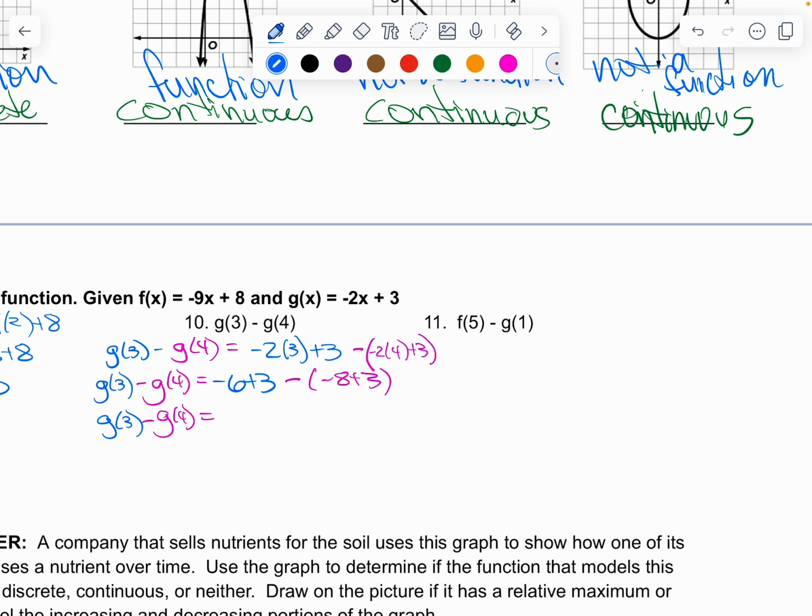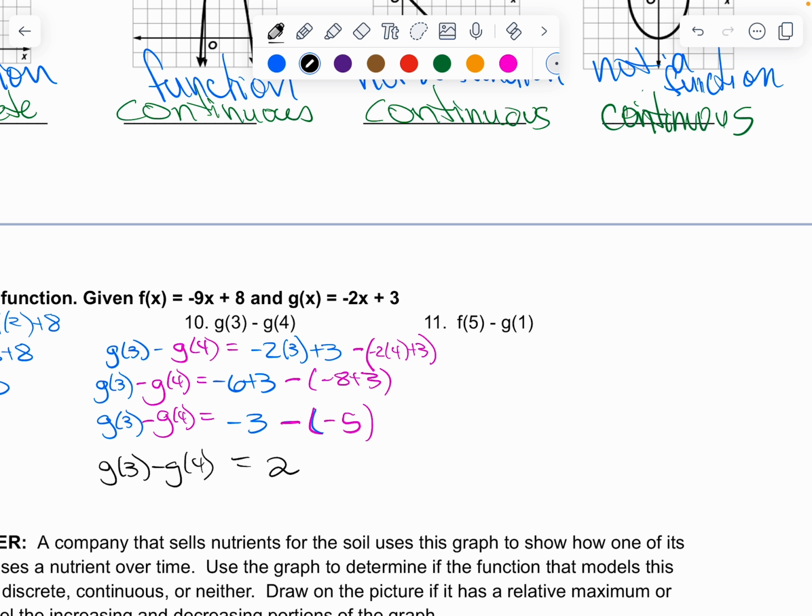So I would have negative 3 minus negative 5. So g of 3 minus g of 4 equals 2.